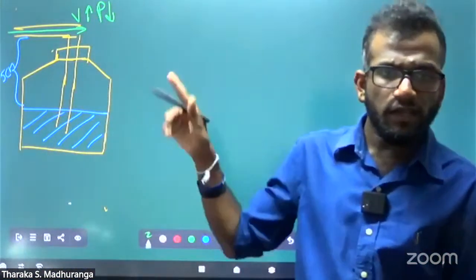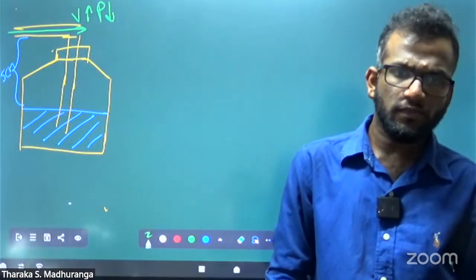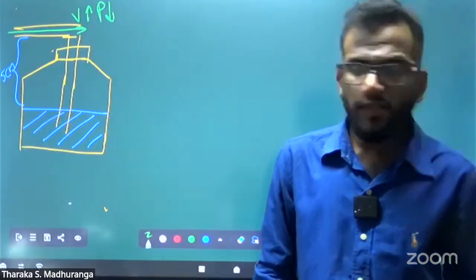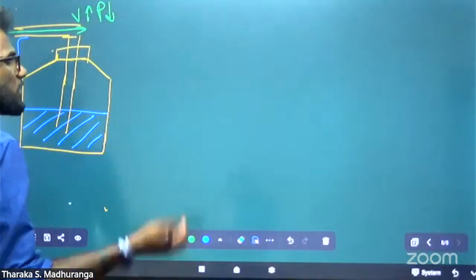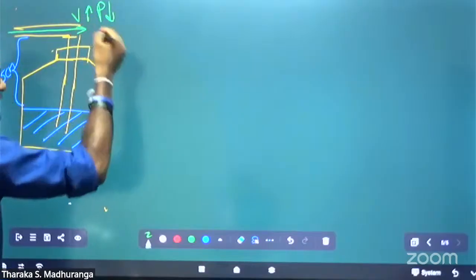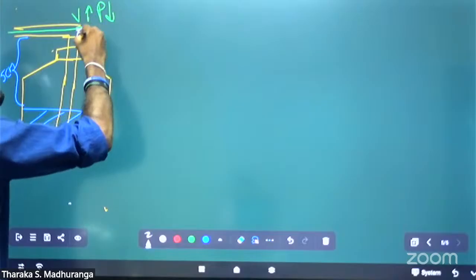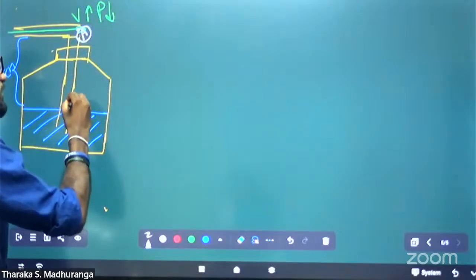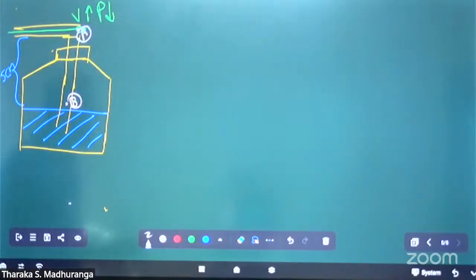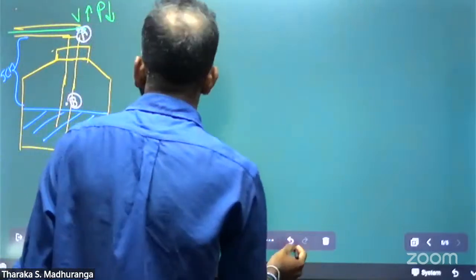Inside the container there is no air flowing, therefore it is atmospheric pressure, normal pressure. Think of isolating two points. This is my A point and this is my B point, inside the vessel.